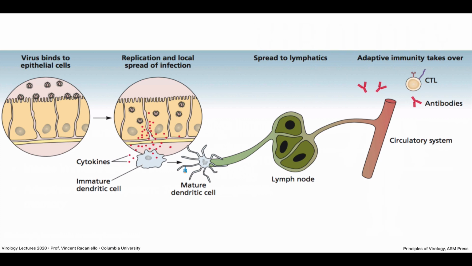To remind you of how the adaptive response is initiated, on the left, we have an epithelial cell sheet. It's being infected by viruses. These viruses have entered. They started the reproduction cycle.